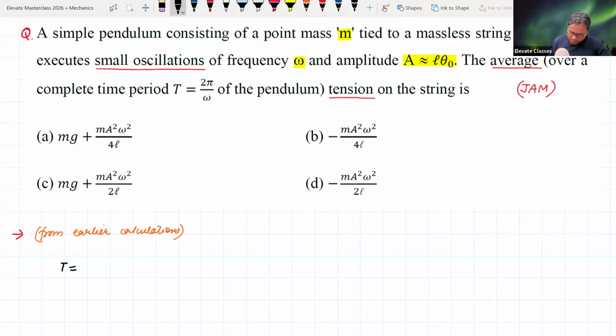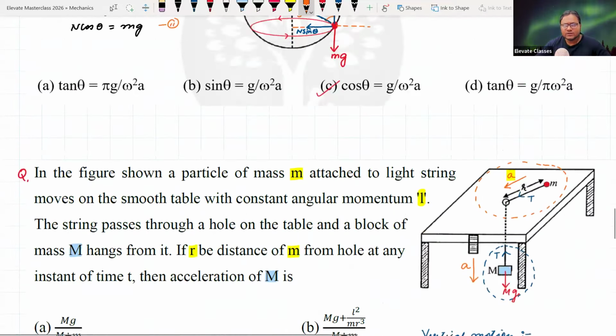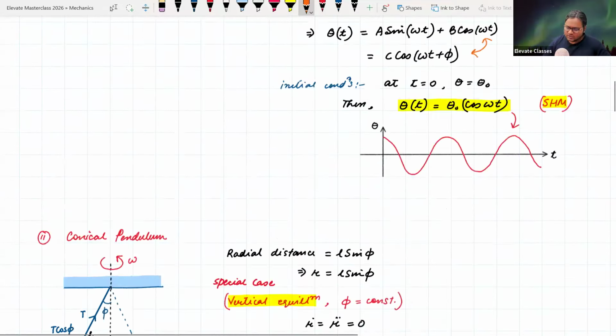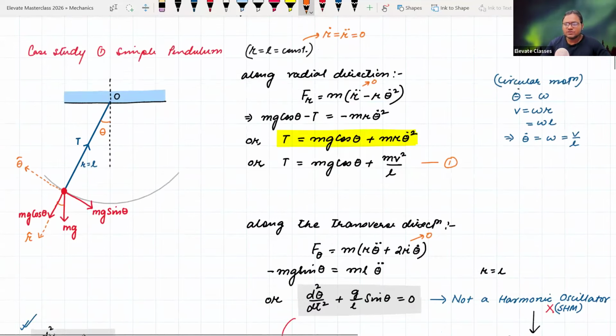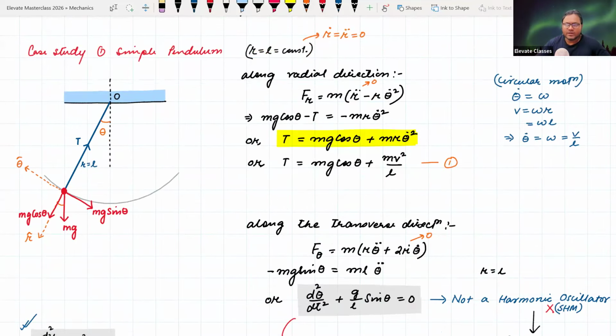T is equal to mg cos theta plus ml theta dot square. This is the tension. You don't need to memorize it; if you don't remember, you will have to derive it, which is not really that difficult. You just draw the force diagram, write down the radial direction force equation, and from there you can easily obtain the tension of a pendulum.